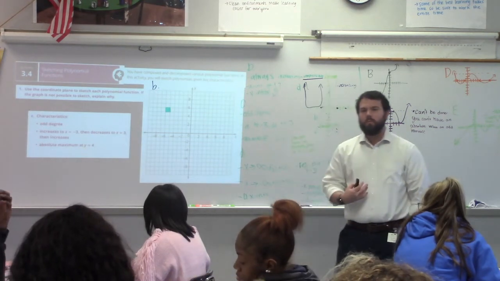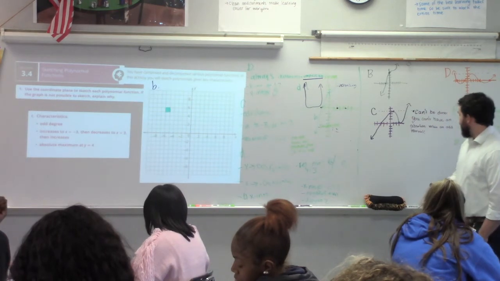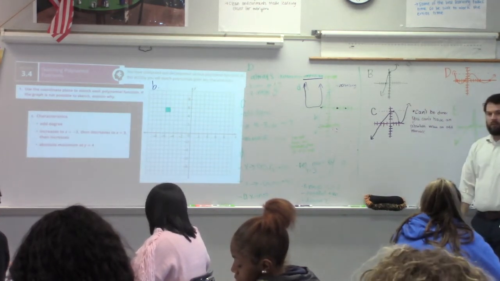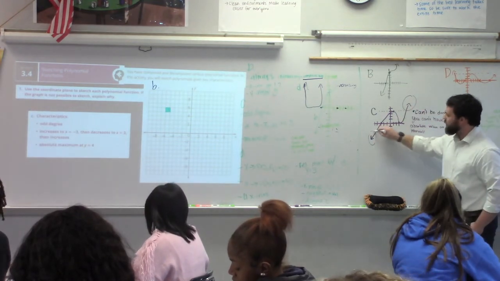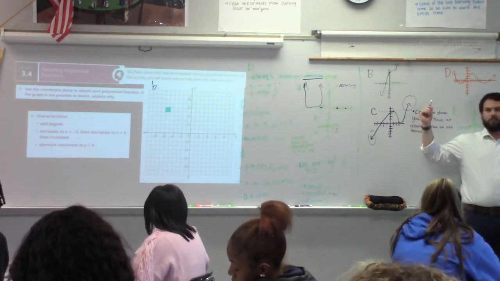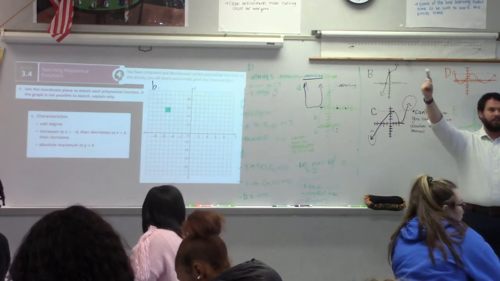Okay, so we can't have an absolute maximum or minimum with an odd exponent. Why is that? So remember that end behavior is going in opposite directions, right? So what's the maximum y value? Infinity. Is it possible to have an absolute max above that infinity?